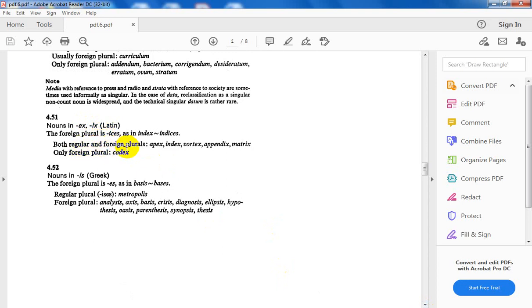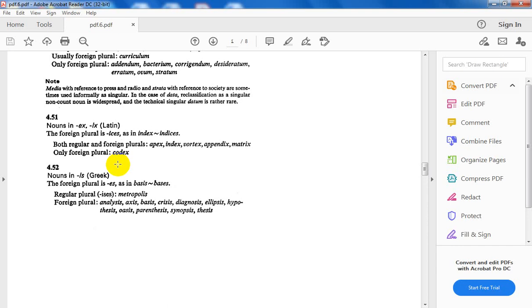Both regular and foreign: apex, either apexes, adding ES, or apices, where EX becomes ICES. Index, either indexes or indices. Appendix, either appendixes or appendices. Only foreign: codex, codices. This EX will be ICES.